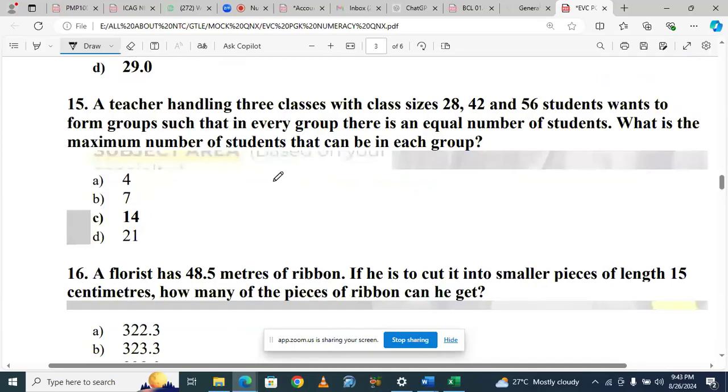Okay, now we solved a similar question last week. Number 15.